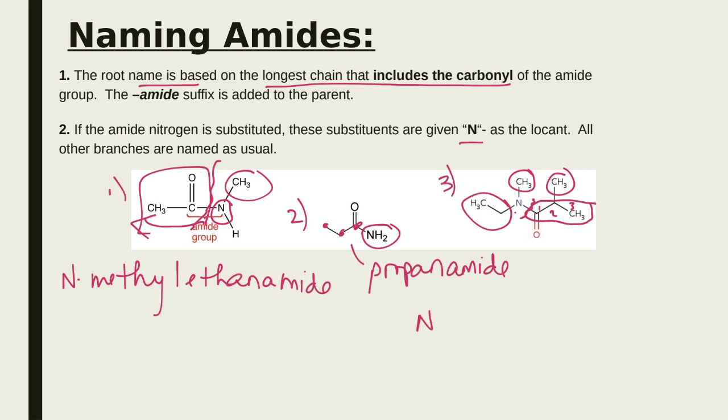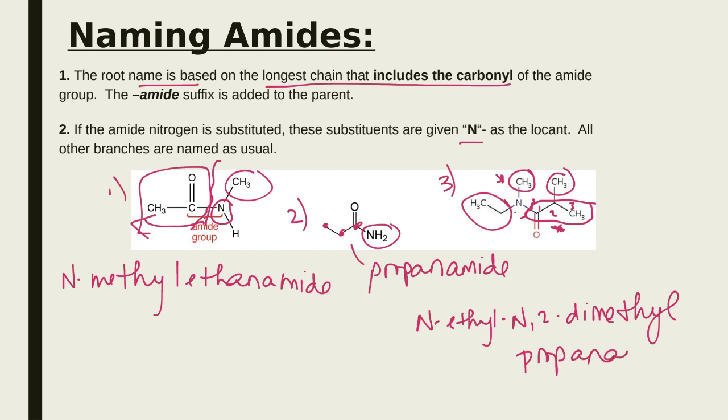So I'm going to say N-ethyl first. And then I'm going to group my methyls. Well, one of my methyls is on carbon 2 over here, and the other methyl is attached to the N. So I'm going to say N,2-dimethyl. And now I'm done with my branches. I have a 3-carbon amide, so I'm going to call it propanamide.